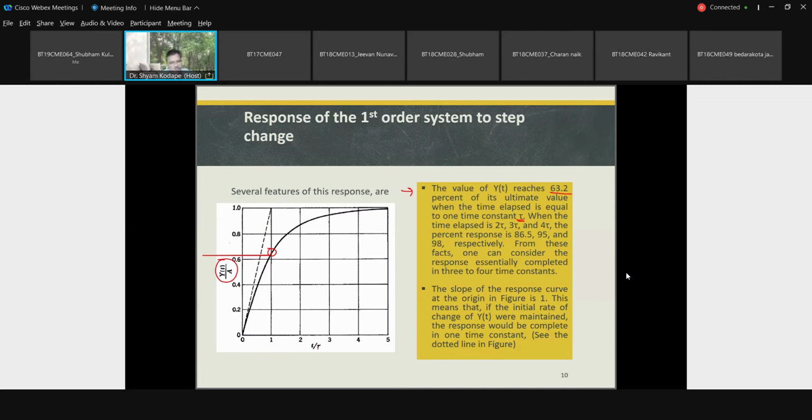It may be 10 seconds, it may be 30 seconds, it may be 1 second or any. So this particular graph represents that in one time constant, if your system is first order and the input change is a step change, then the response Yt will reach 63.2% of its ultimate change from 0 to 1.